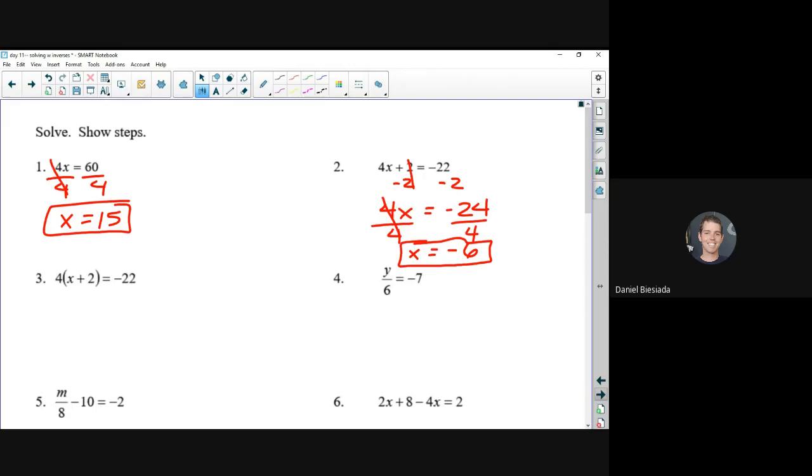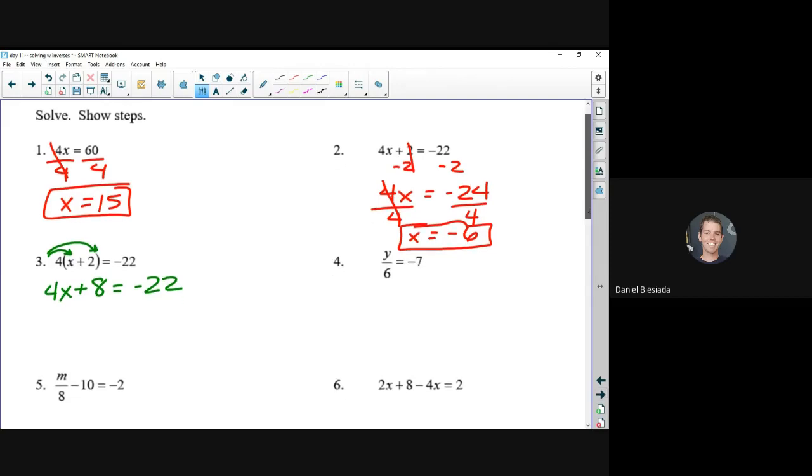Now, if I look at number 3, question number 3 looks very similar, except I now have parentheses. And one of the best ways to deal with parentheses is to distribute them, so I'll do that first. Note that when we distributed that 4 into the 2, that became an 8.